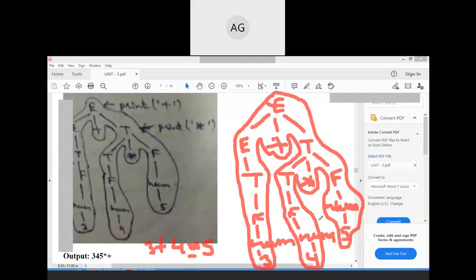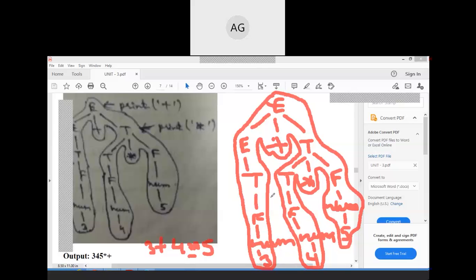As I am traversing this path, I am going to evaluate it side by side. In the first case I reach the 3, which is a number.